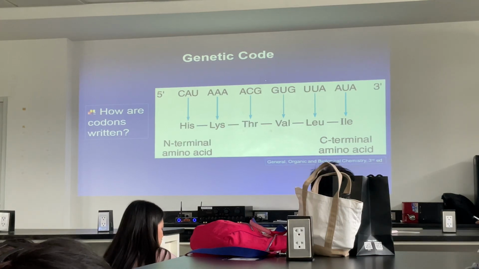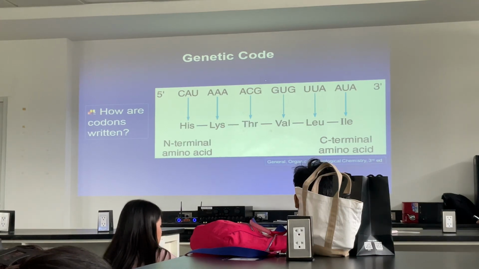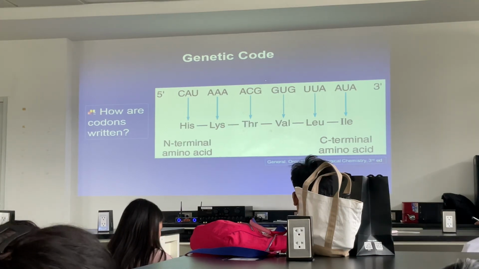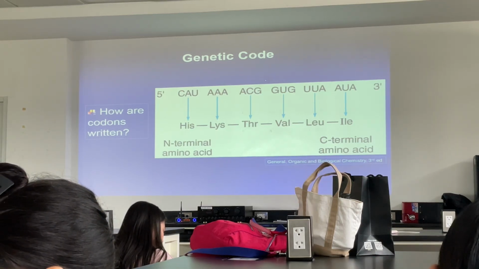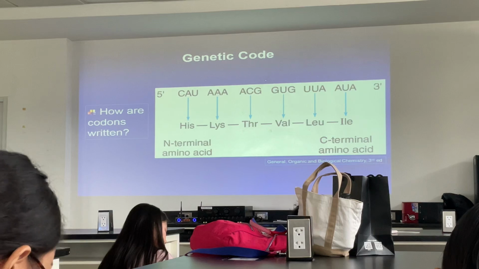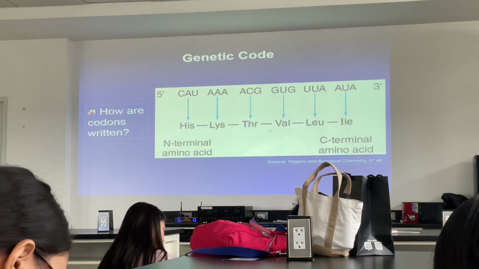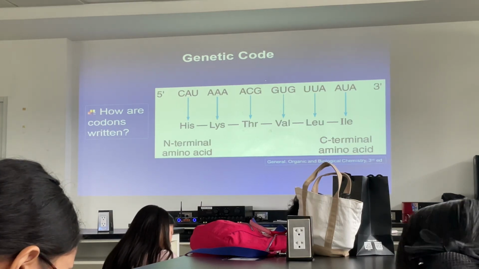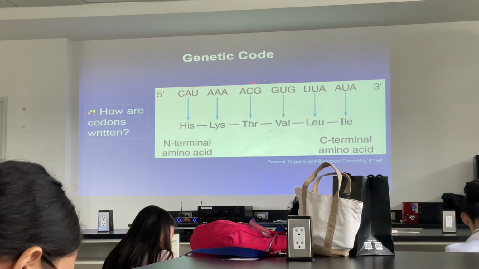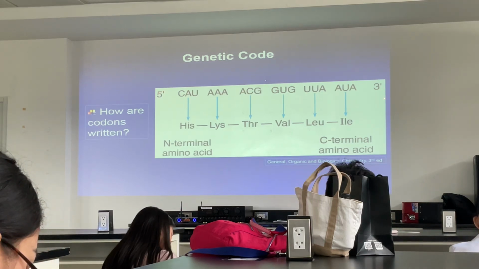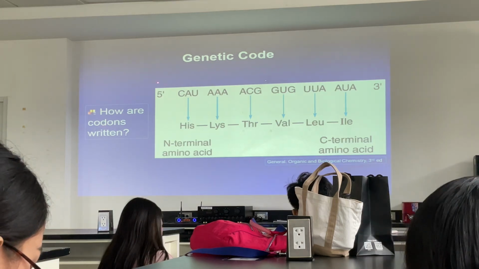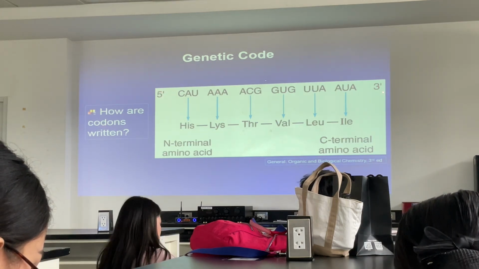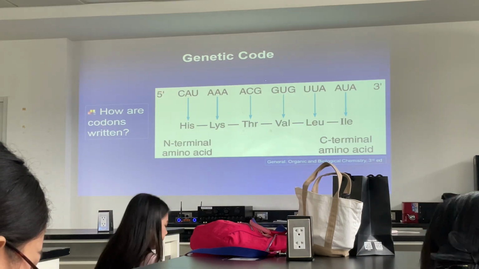During synthesis of RNA, RNA polymerase will run from the 3' to the 5' direction, and the direction of the growing mRNA will run from the 5' to the 3' end. So codons are written starting from the 5' to the 3' end.